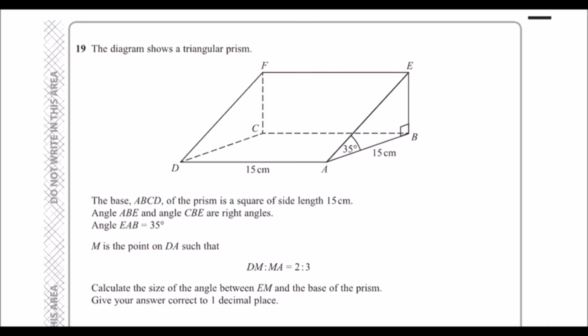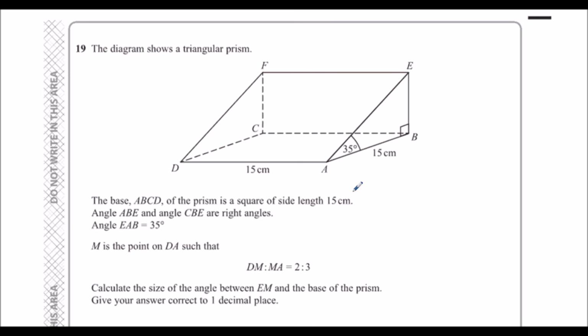Question 19. We've got a triangular prism. The base ABCD is a square of side length 15 centimeters. Angle ABE and CBE are right angles. That's shown on the diagram. Angle EAB is 35 degrees, again shown on the diagram. M is the point on DA, such that D to M to A is 2 to 3.